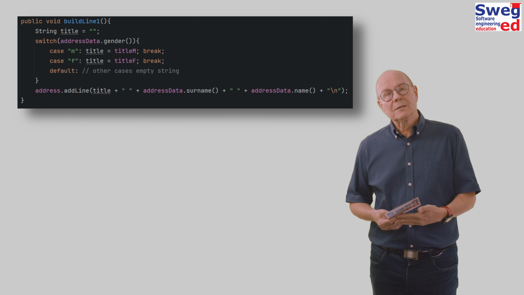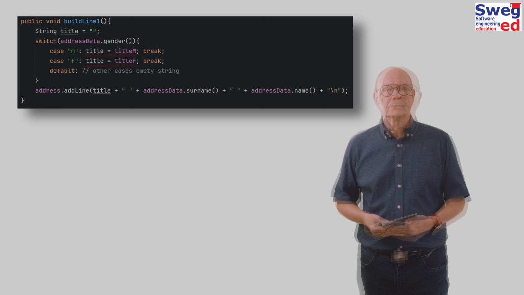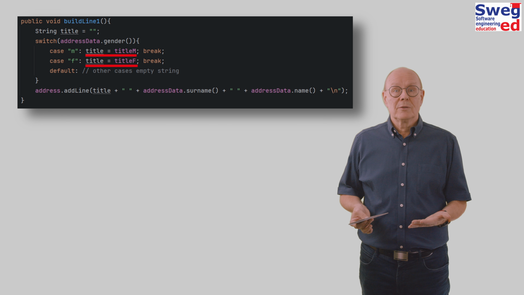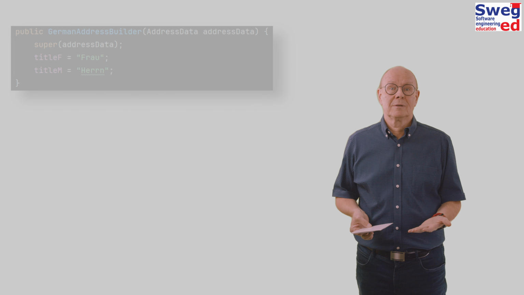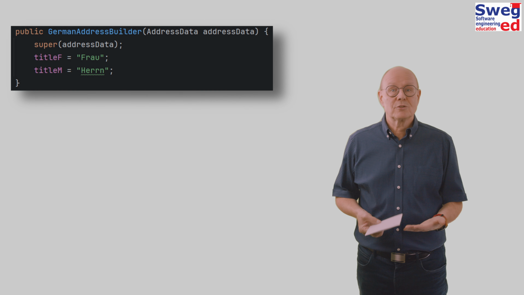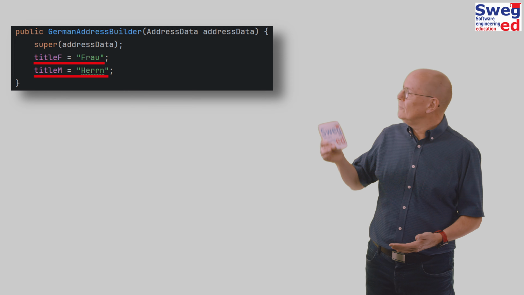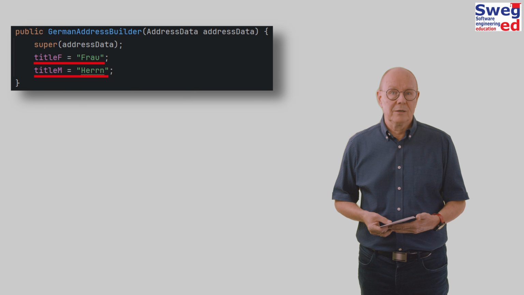The method buildLine1 of address builder then looks as follows. Because the title attributes are now accessed, the code is the same for all child classes. As an example, the constructor of the child class German address builder is shown. Here you can see the values for titleM and titleF are set.